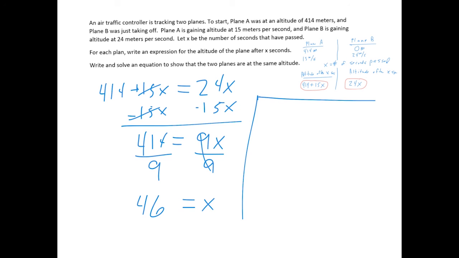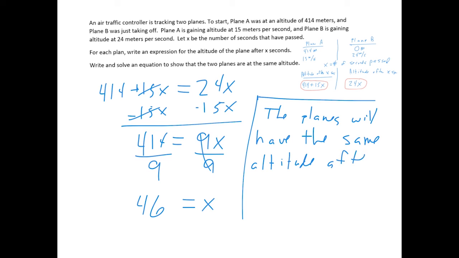So we can sum all of this up by saying the planes will have the same altitude after 46 seconds, because we defined x to be the number of seconds, and the expressions give the altitude after a certain number of seconds.